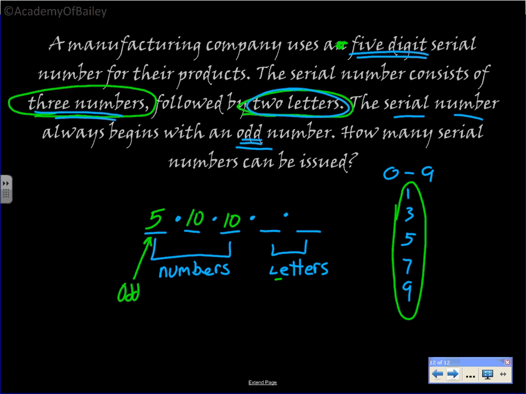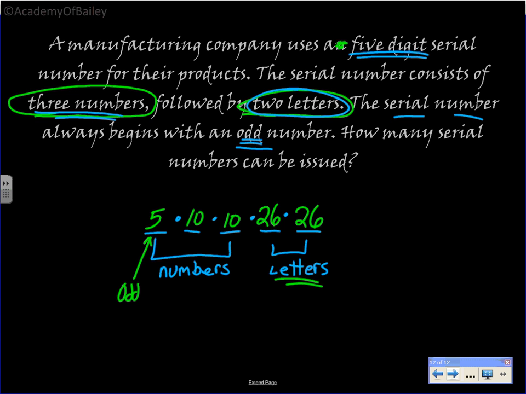And the last 2 spots, they just have to be letters. 26 total letters that you could possibly choose from for the last 2 spots.